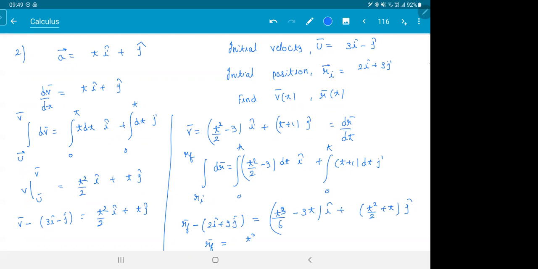So our final would be t cube by 6 minus 3t plus 2 i cap plus t square by 2 plus t plus 3 j cap. That's your final answer.